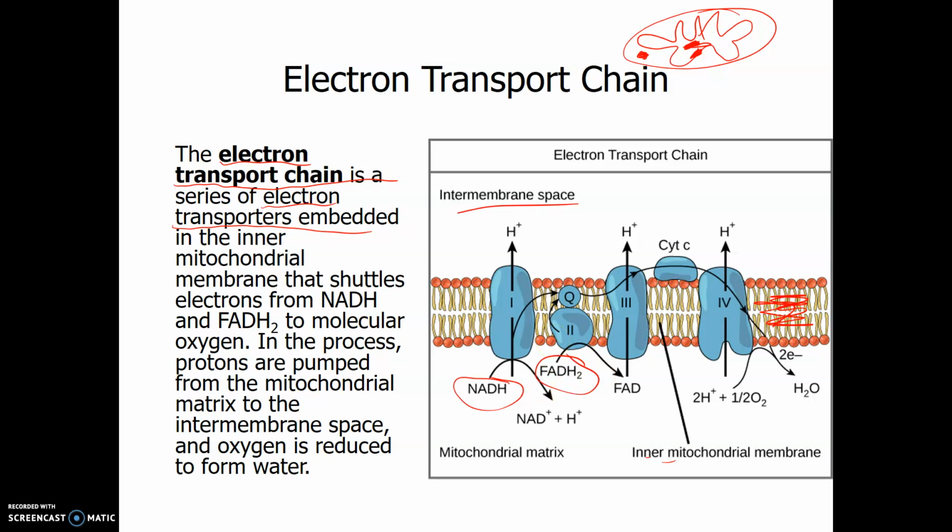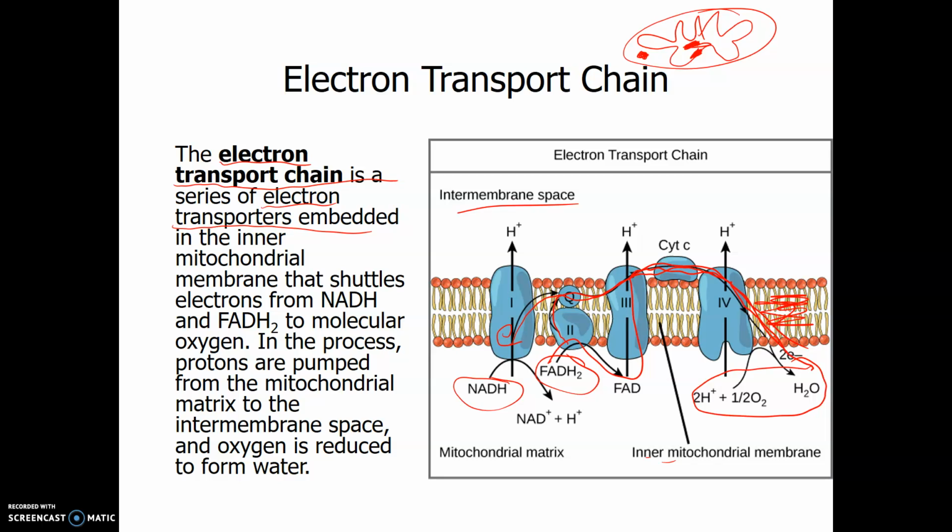They provide hydrogen ions and they provide electrons. The electrons are shuttled from here to here to here to here to here, and then they're eventually combined with oxygen and hydrogen ions to form water. So oxygen is the final electron acceptor molecule.